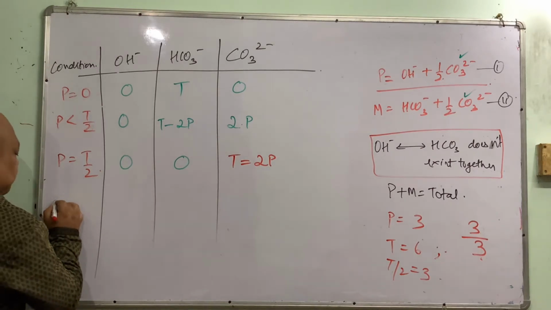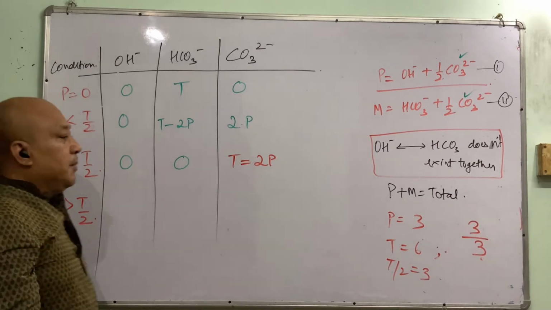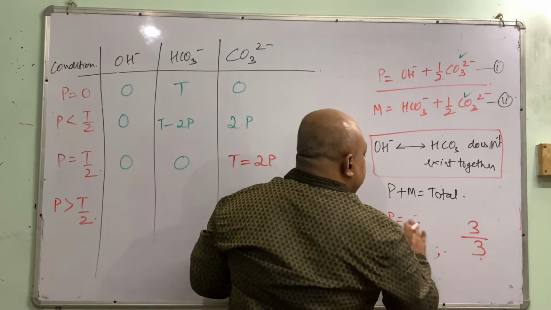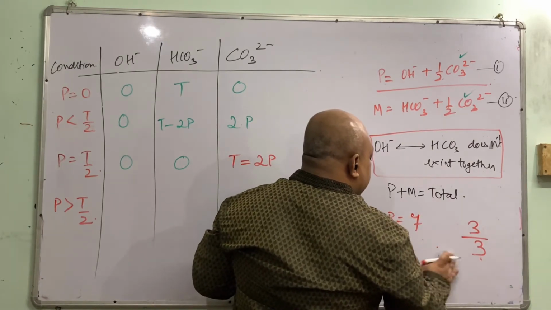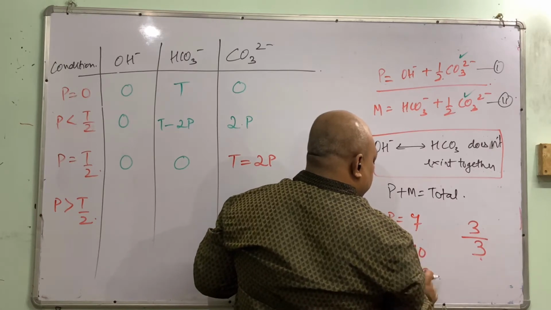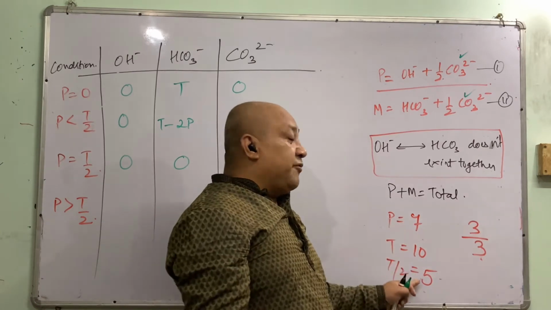Now, the next one is P is greater than T by 2. Let's say P is around 7. Total is around 10. T by 2 is 5. So 7 is greater than 5.